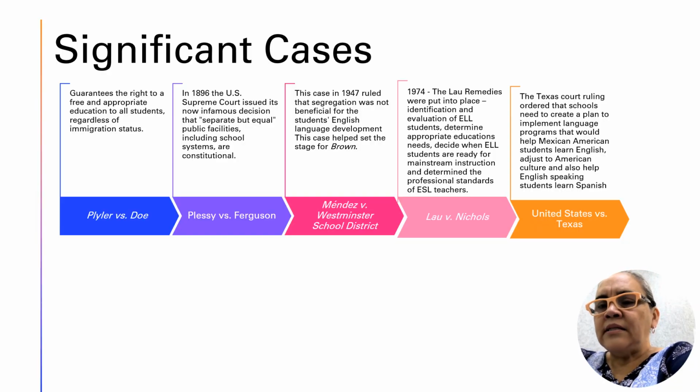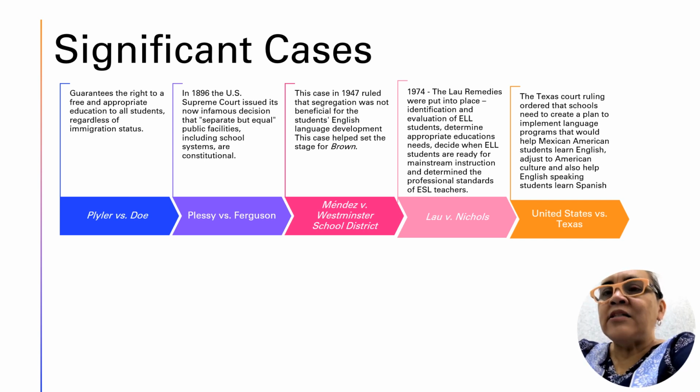The significant cases that affected education for the English learner were Plyler versus Doe, which basically guaranteed that all students, regardless of immigration status, did have the right for a free and appropriate education.